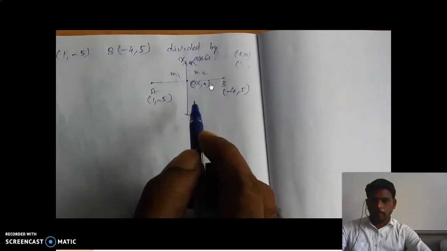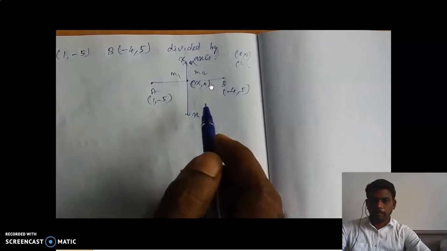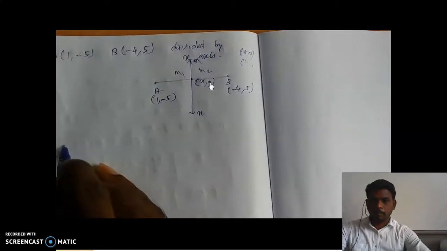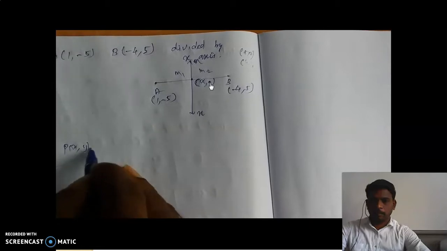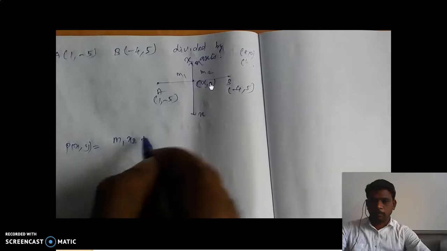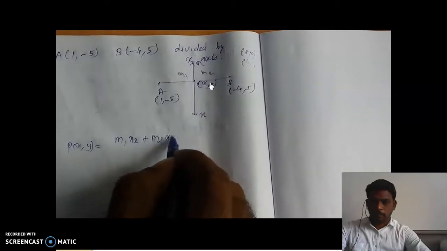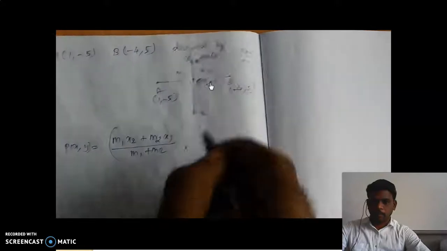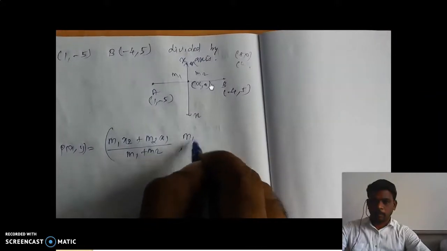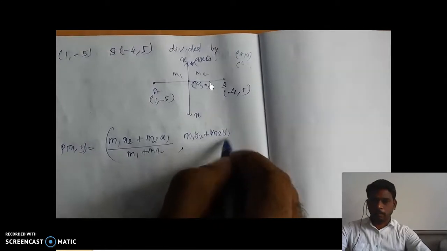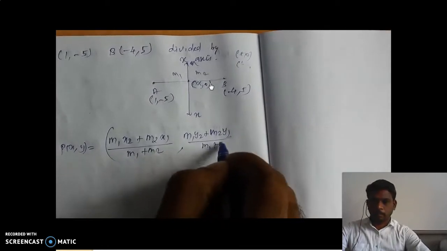So what formula do we have to use here? There is the section formula. What is the section formula? P of x, y equal to M1 x2 plus M2 x1 divided by M1 plus M2, comma, M1 y2 plus M2 y1 divided by M1 plus M2.